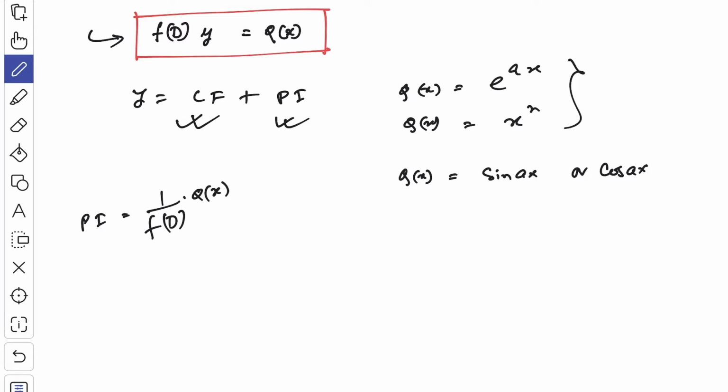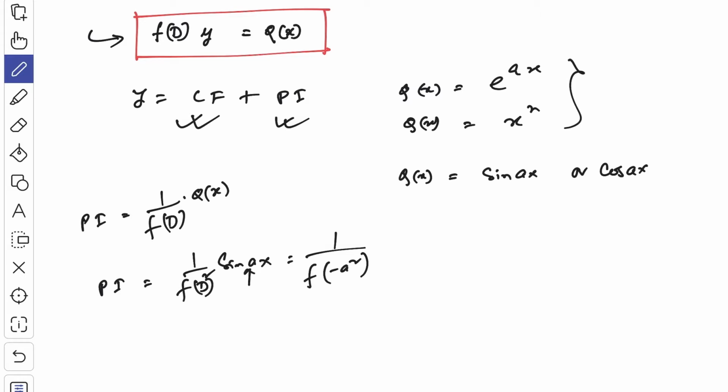But in this case, PI will be 1 by f(D square) sin ax, that is going to be equal to 1 by f(minus a square) sin ax. This D square should be replaced by minus a square.